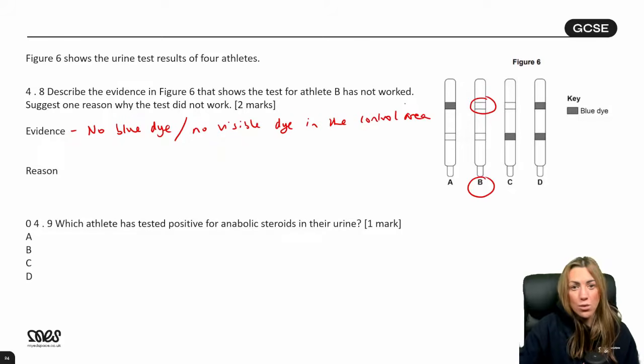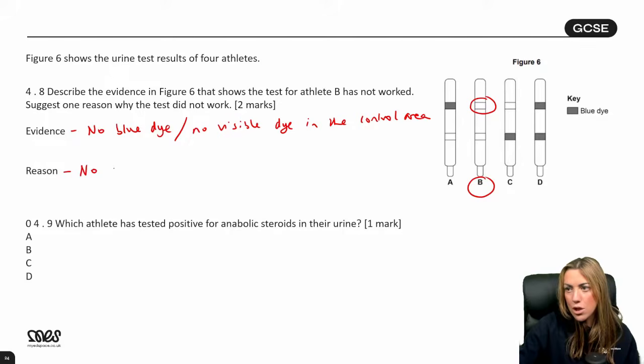So it obviously hasn't worked. You could also say there's no coloured line in the control area, there's no colour change in the control area, but we should always get blue dye in that coloured area. It's showing us that the test is working because there should always be free monoclonal antibodies that will bind to that control area. Suggest a reason why the test did not work.